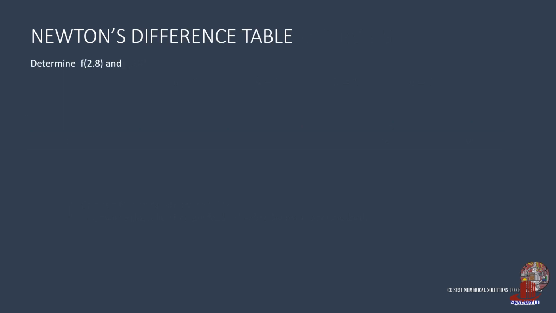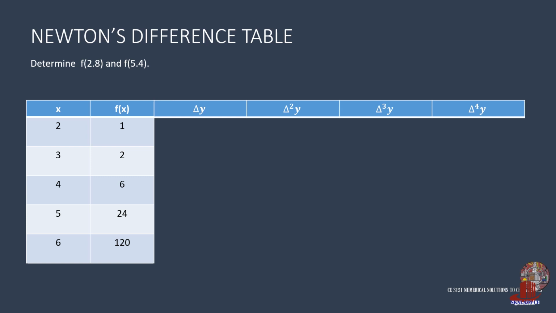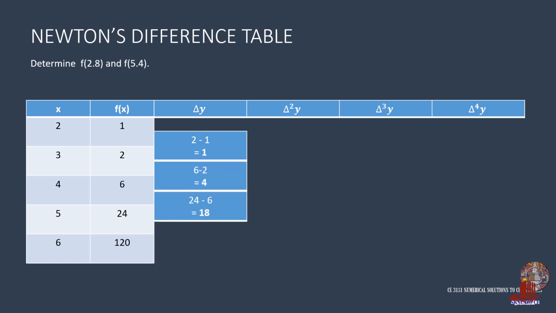Let's check Newton's difference table with the x and f of x placed on a table. For delta y, we get 2 minus 1 is 1, then 6 minus 2 is 4, followed by 24 minus 6 as 18, and 120 minus 24 as 96.